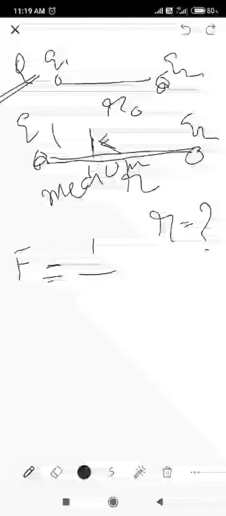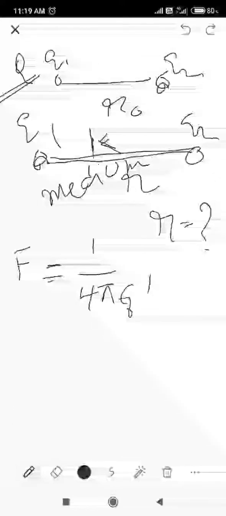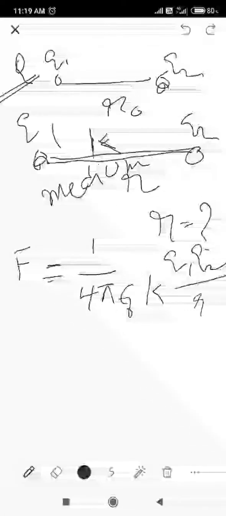This is the question. Now here you observe the basic formula. Force between two charges in the medium is given by 1 by 4 pi epsilon, where epsilon can be written as epsilon naught into k, into q1 q2 divided by r square.